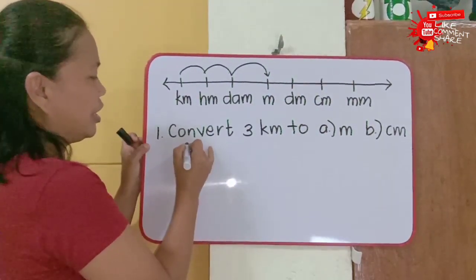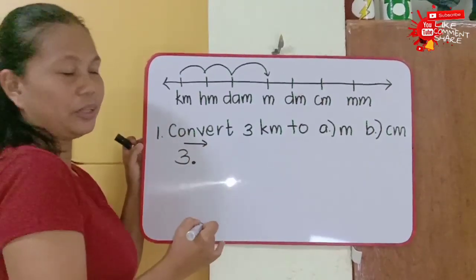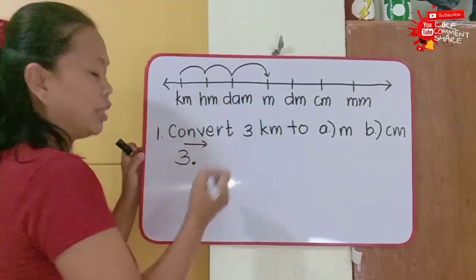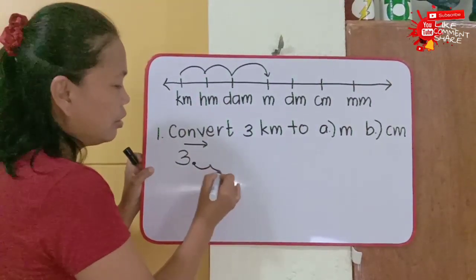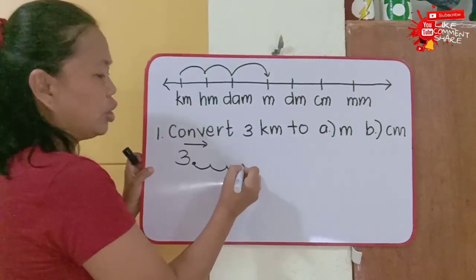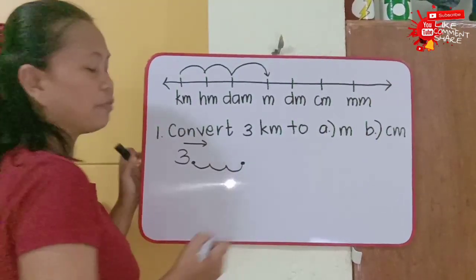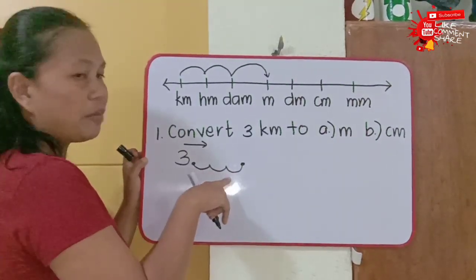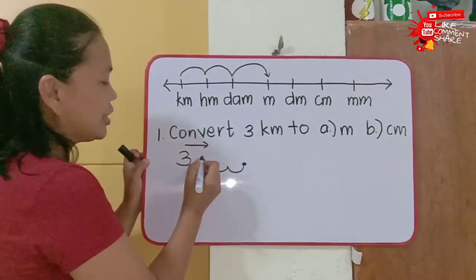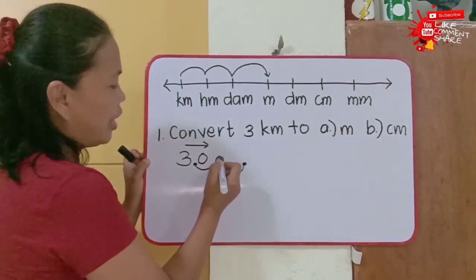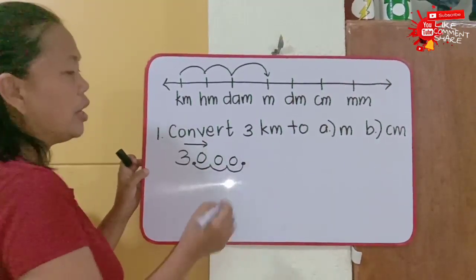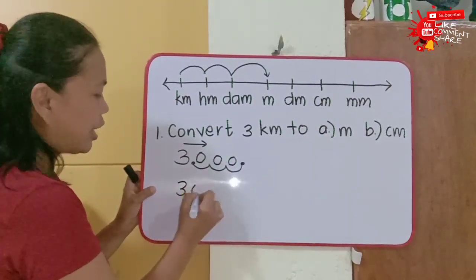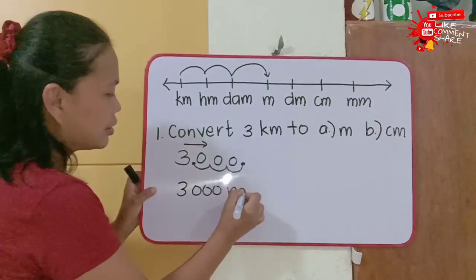So we will move the decimal point 3 places to the right: 1, 2, and 3. This will be the new location of the decimal point. If there is no number, we just add zeros, so we have 3 zeros. Therefore, when we convert 3 kilometers to meters, it is equal to 3,000 meters.